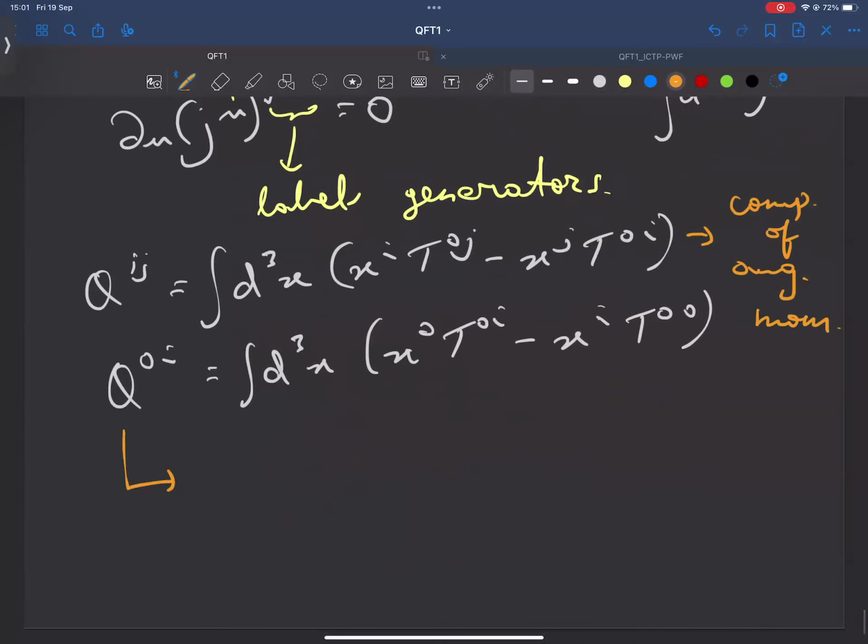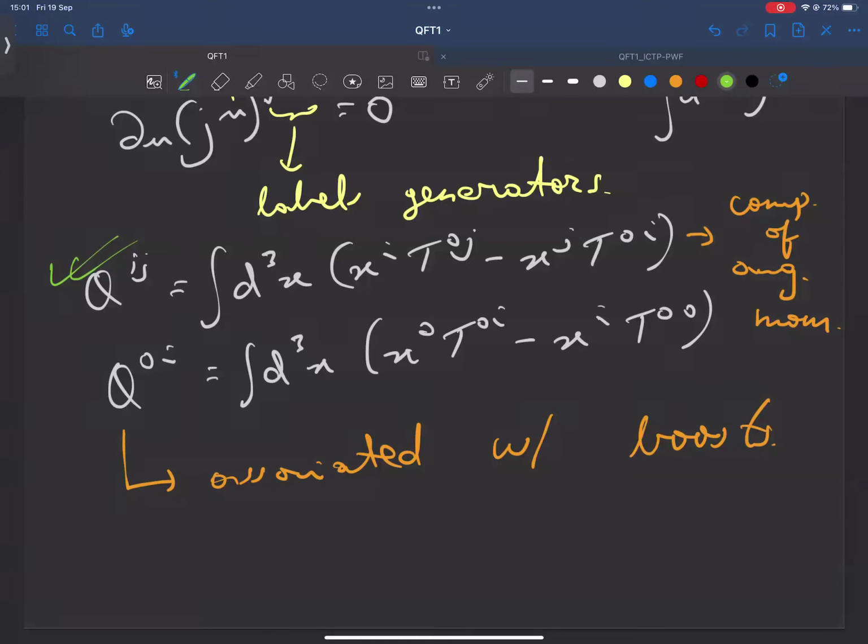And this one is the conserved charge associated with boosts. The first part doesn't need much explanation because you had rotational symmetry, just like translational symmetry gave conservation of linear momentum. Here we get conservation of angular momentum.